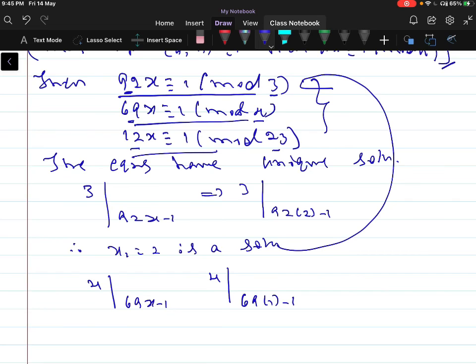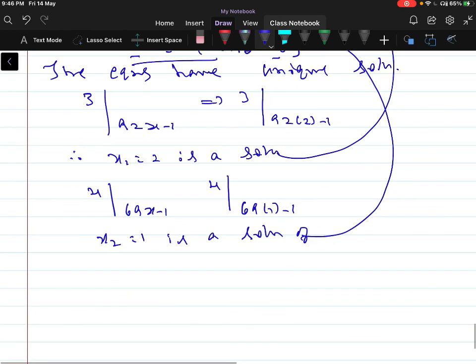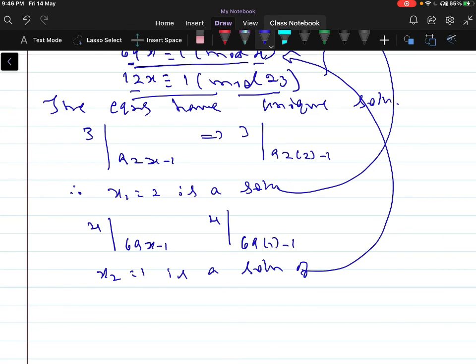Therefore x2 is equal to 1 is a solution of the second equation. Now from the third equation, 23 divides 12x minus 1.